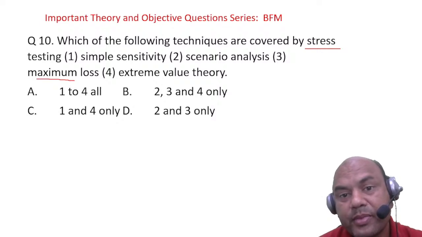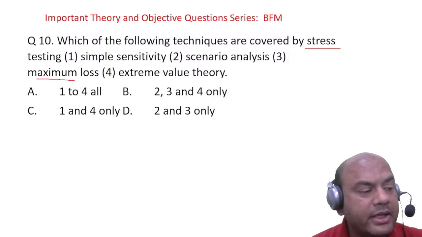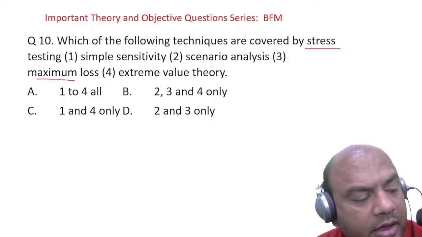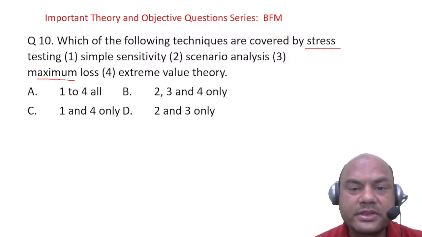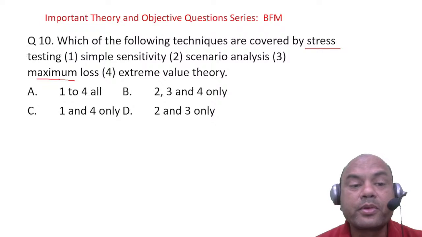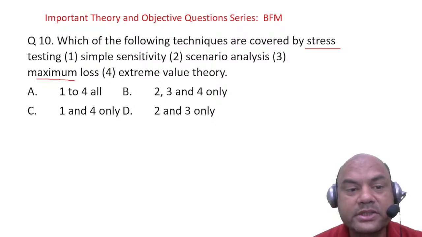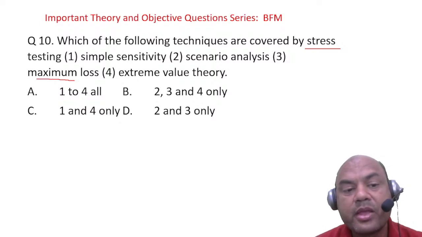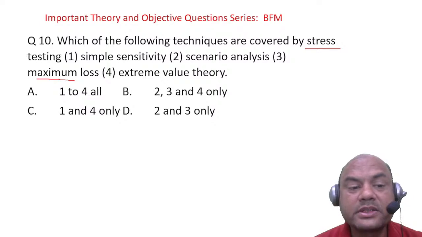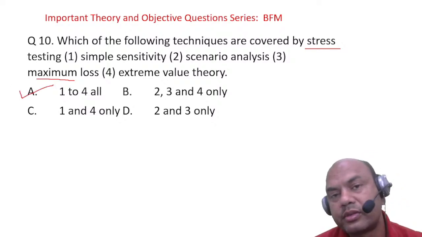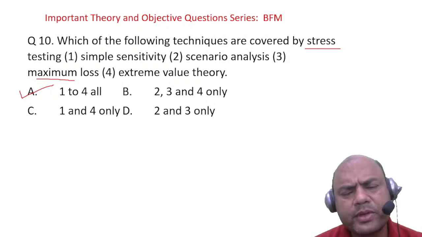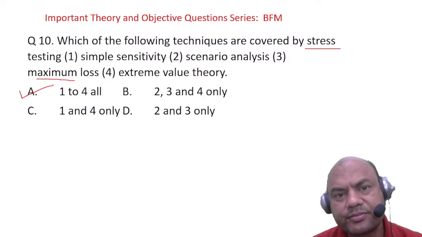So that conservative concept is similar to this maximum loss theory. So what is the option over here? The correct option is 1 to 4 all. All of them are considered in stress testing.